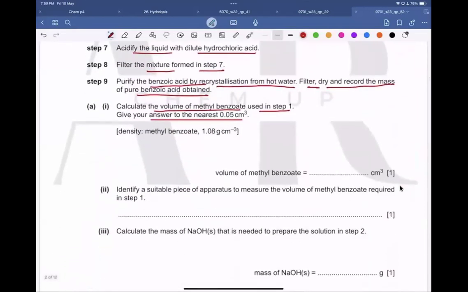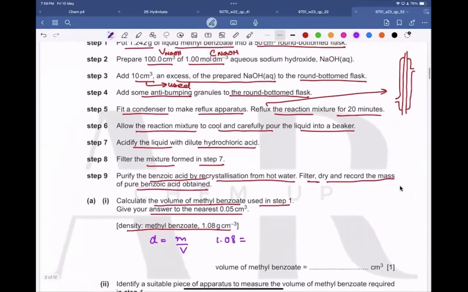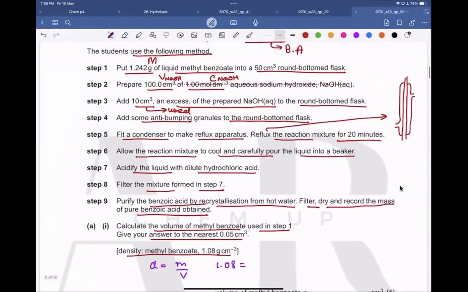So you have to calculate the volume of methyl benzoate, and they have given you the density of methyl benzoate, right? So you know that the formula of density is mass over volume. So density is 1.08. Mass that we have used for, sorry, it's not benzoic acid, it's methyl benzoate. My bad.